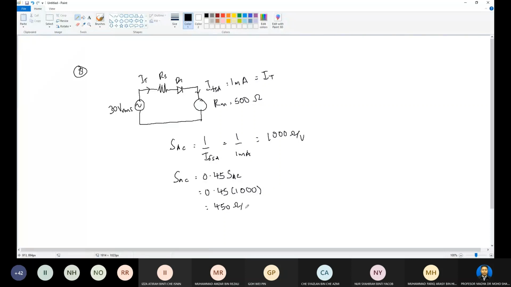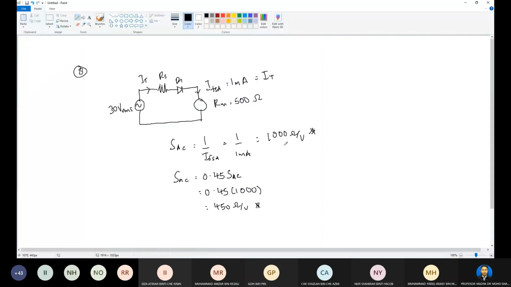That is the AC sensitivity. For DC sensitivity, it is 1 over the full scale deflection, 1 milliampere, and the answer is 1000.